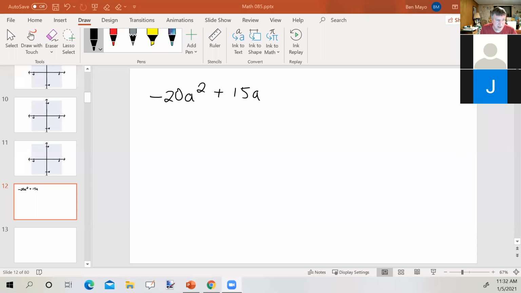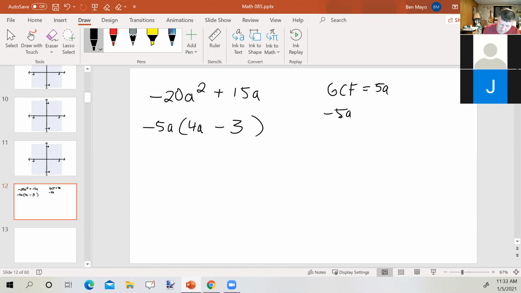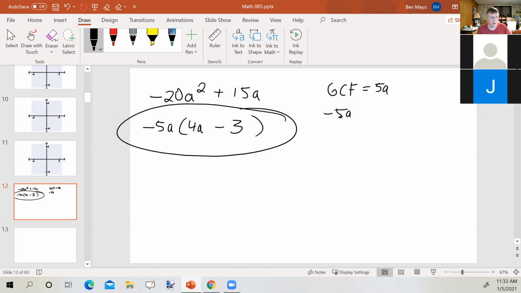The directions say factor the polynomial by factoring out the opposite of the GCF. Well, the GCF would be 5a, so the opposite of that would be negative 5a. So we're going to take out a negative 5a, and then what's left over? 4a minus 3. So hopefully that clarifies what they were asking there.